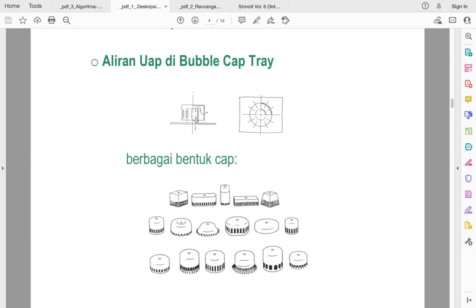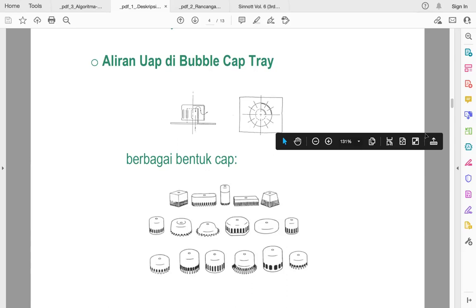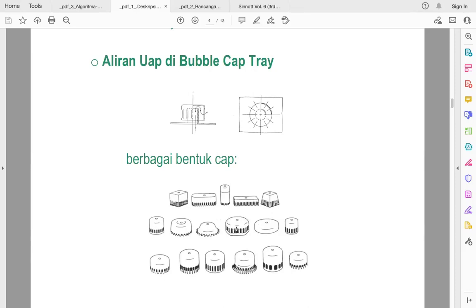So the contact time between the vapor and the liquid is much better than the perforated tray or the sieve tray. Even then, there are a number of types of caps, this side, that side. This is also perforated, bolong-bolong. So the vapor goes through while it is still in the liquid, so they have good contact with the liquid.